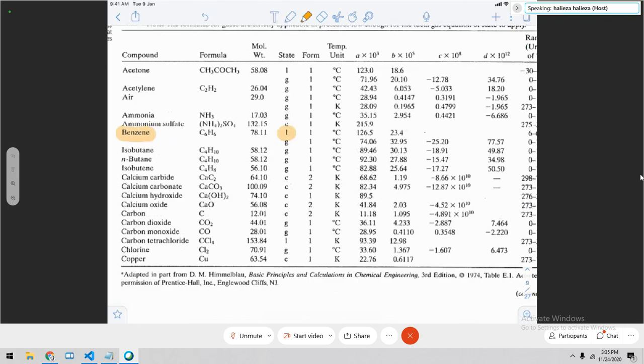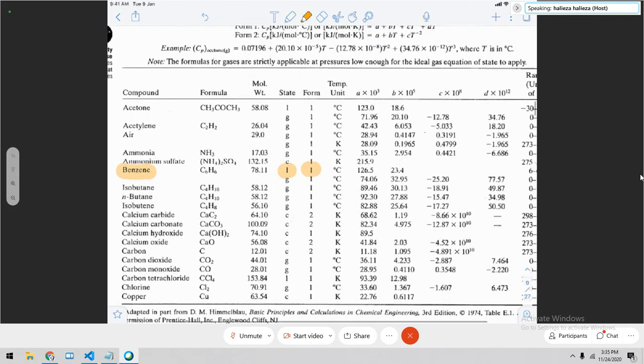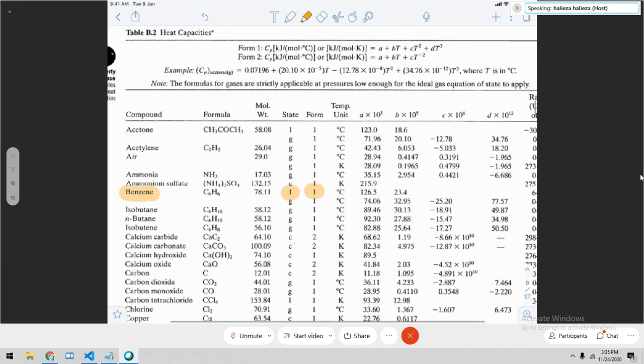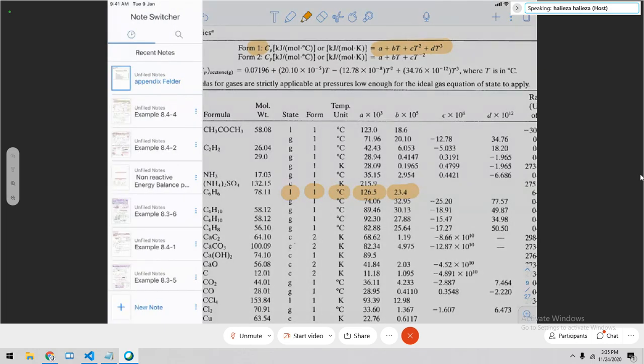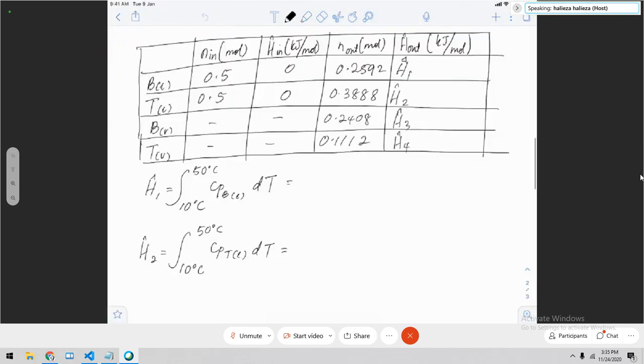We have the first equation, the form of the first equation is this. A, B, C, D. That's the temperature unit you're going to use. And that is A times 10 to the power 3. That is B times 10 to the power 5. That is our benzene. So let's go back to the example. Let me try to write that down.